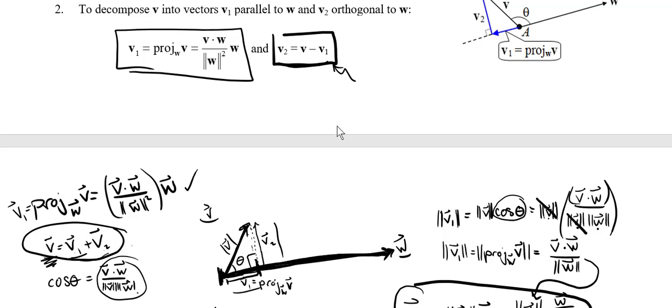Sometimes you'll hear this piece called the orthogonal projection of V onto W. But it just equals V minus V1, which is the projection vector. There's your formula. So we have formulas for these things.